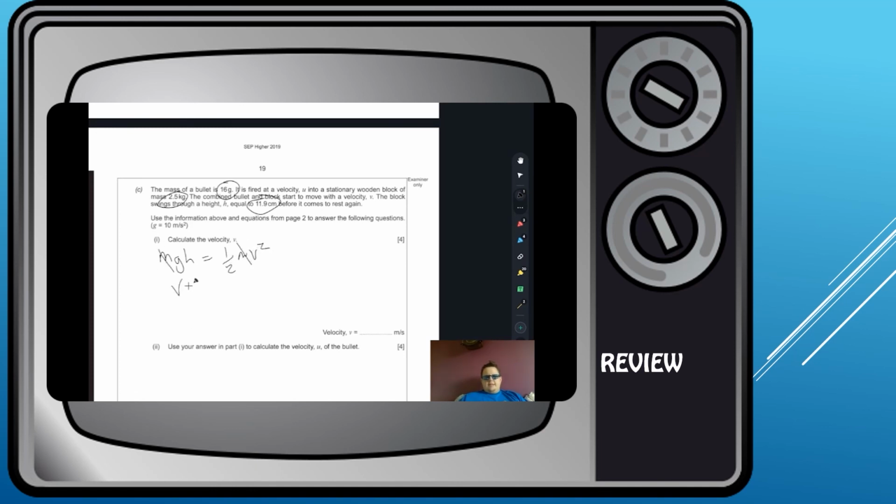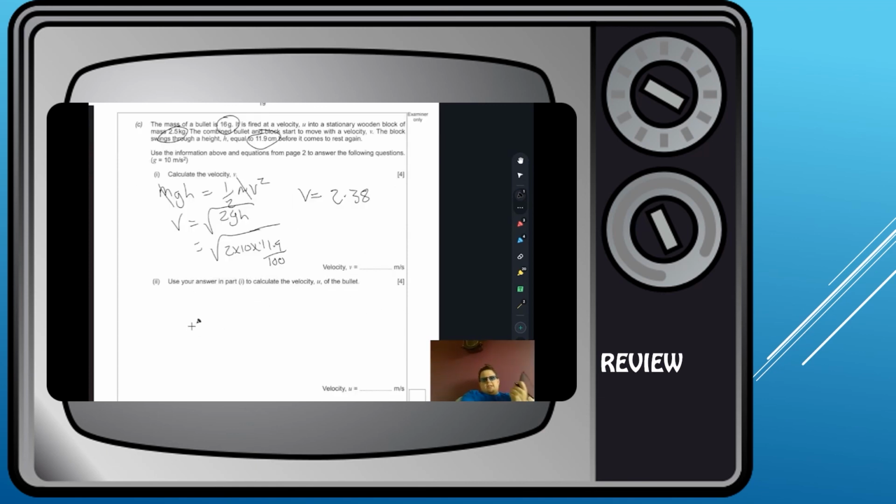So v is going to be the square root of 2gh. Both masses cancel, multiply by 2, move the half, and square root it. So that's going to be the square root of 2 times 10 times 11.9 over 100, because you need to work in meters. So the velocity of our block is going to be 2.38 meters per second.